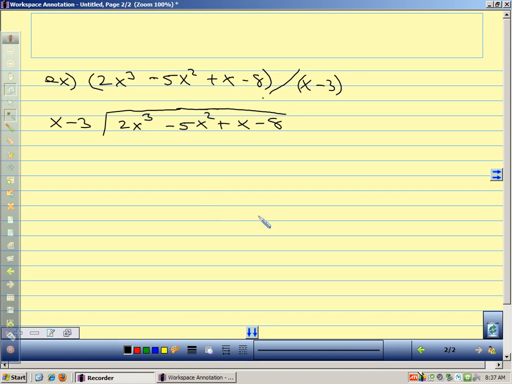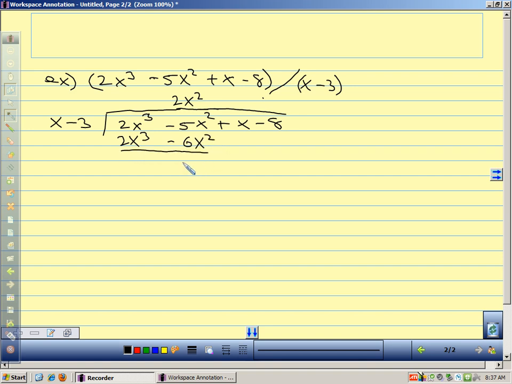All right, so we go about it the same way. We say, what do I have to multiply x by to get 2x cubed? 2x squared. So I'm going to write that up here, 2x squared. I write it in the second place over. Now I'm going to multiply. 2x squared times x is 2x cubed, and 2x squared times minus 3 is minus 6x squared.